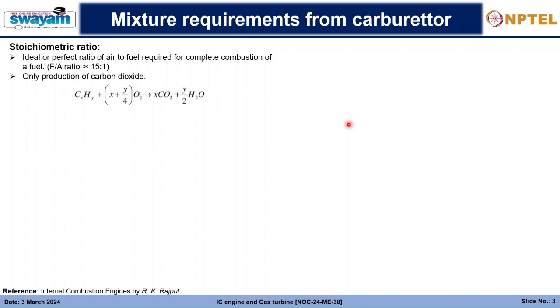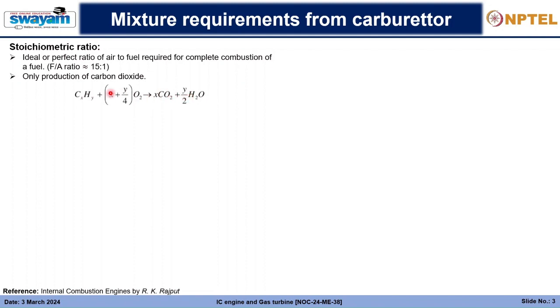And why is it 15 is to 1? If you solve the complete combustion reaction, what happens during the complete combustion is given by this. So CXHY, we have the fuel, which is an organic compound, and we need to supply some amount of oxygen depending upon X and Y. Accordingly, if we have complete combustion, we will only have CO2, carbon dioxide, and there will be no carbon monoxide, which we want, because carbon monoxide is so harmful.